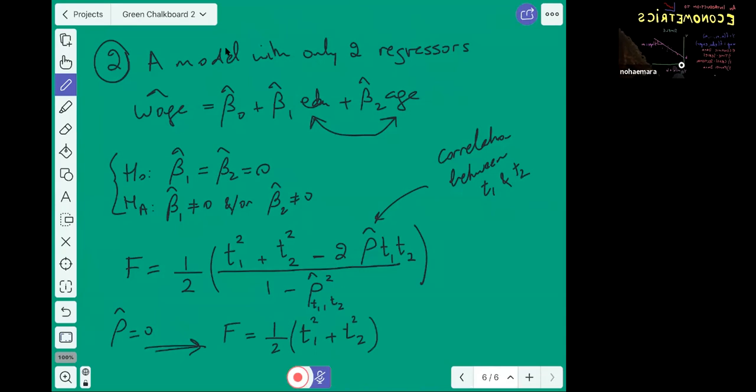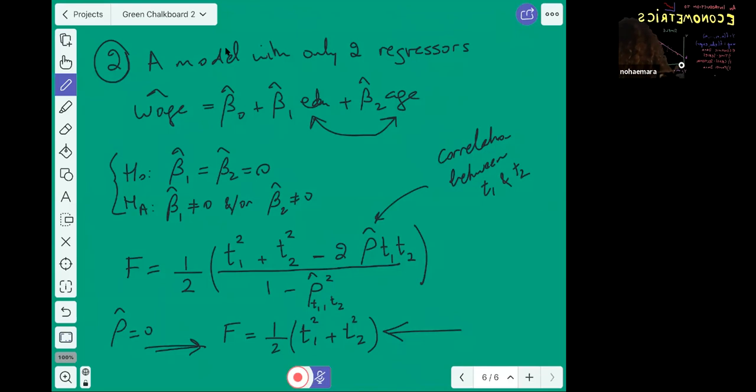That's easy, right? So this is going to be our F statistic. So in case I have a correlation equal to 0, then I can simply use the t-statistic of education and the t-statistic of age, square each of them and take their average, and this is going to be our measure of the joint statistical significance.